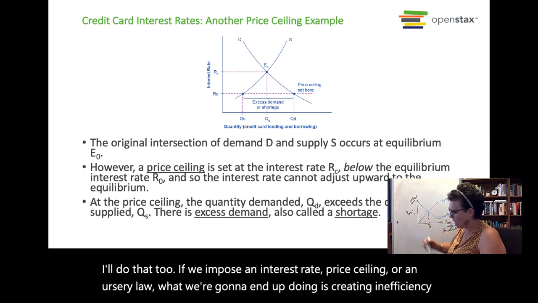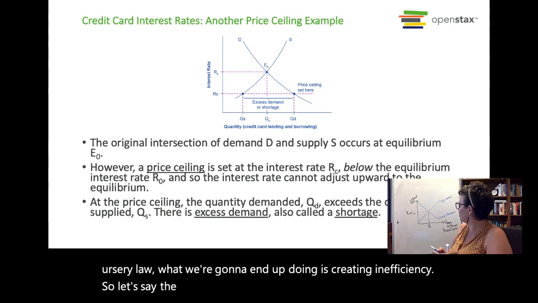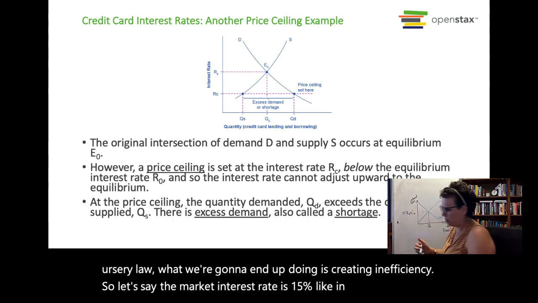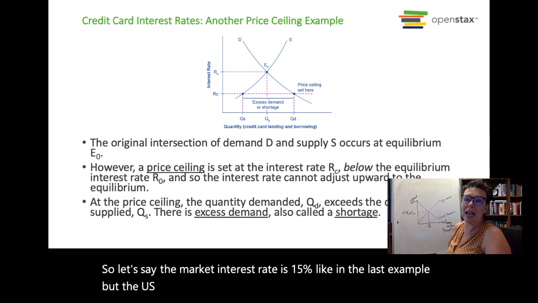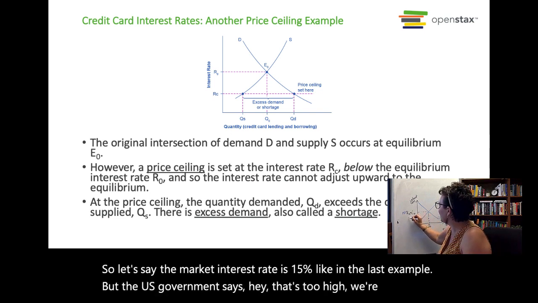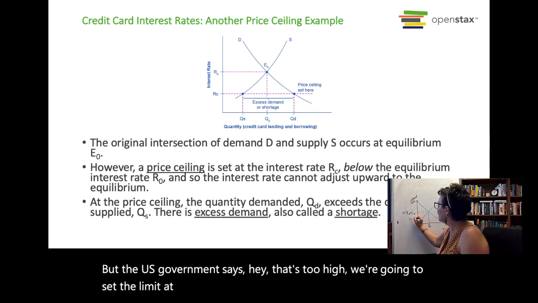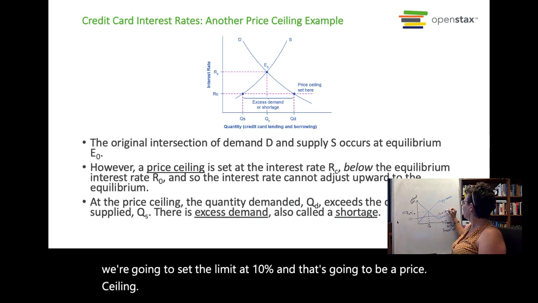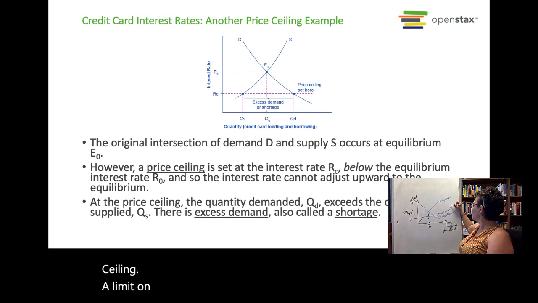So let's say the market interest rate is 15%, like in the last example, but the US government says, hey, that's too high. We're going to set the limit at 10%, and that's going to be a price ceiling, a limit on how high interest rates can be.